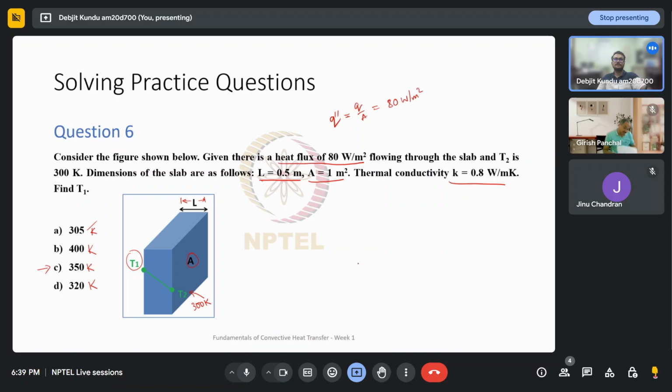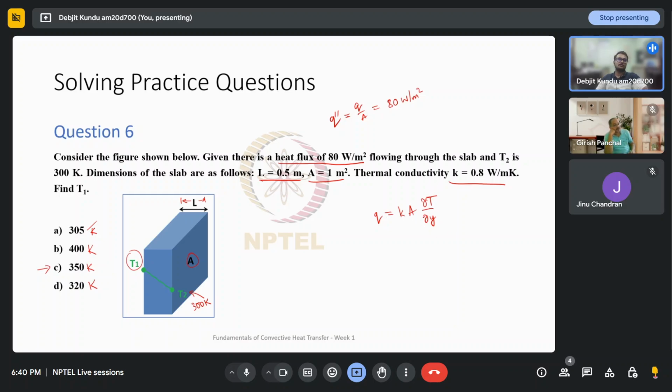So there is no heat generation in this slab anywhere. So, the Q can be written as K into A into ∂T/∂Y. Now, in the absence of any heat generation, we can assume that within the entire domain.